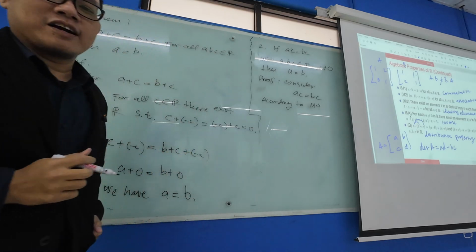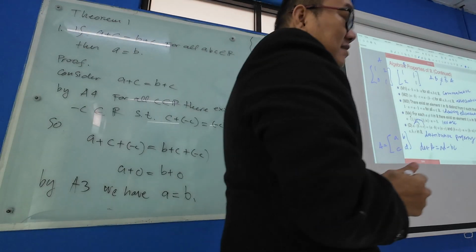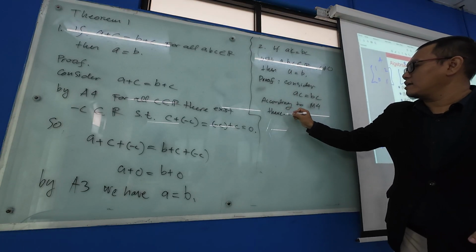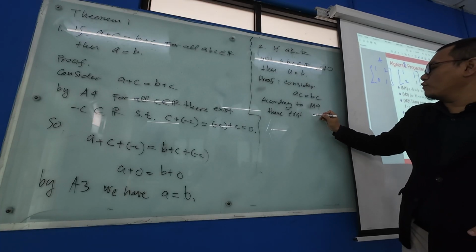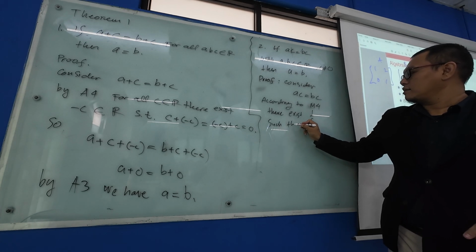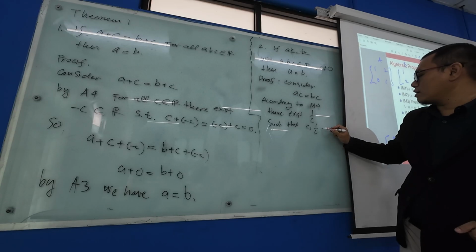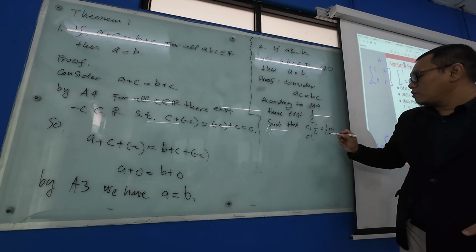According to M4, there exists 1 over C such that C times 1 over C, or 1 over C times C, equal 1.